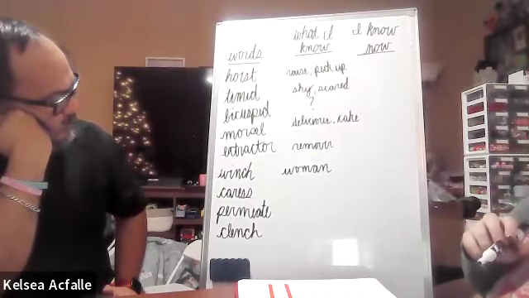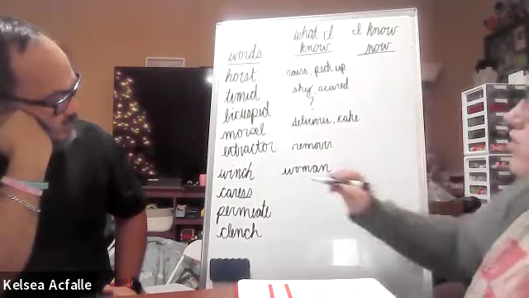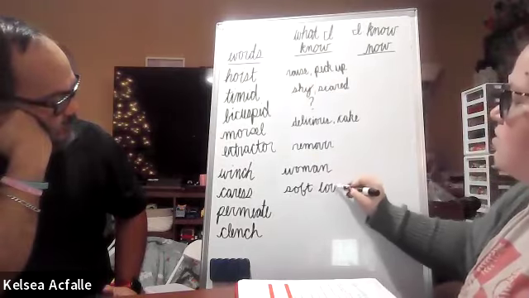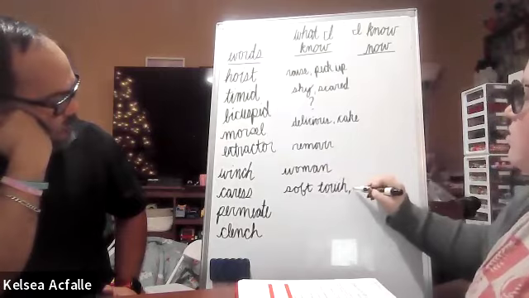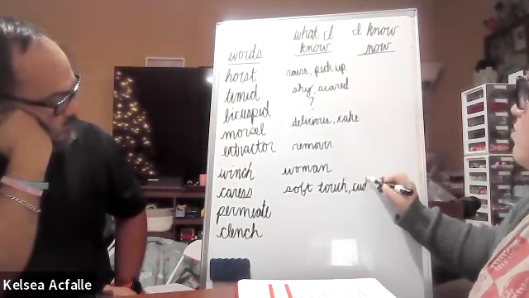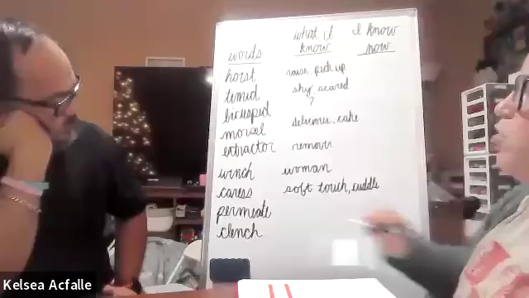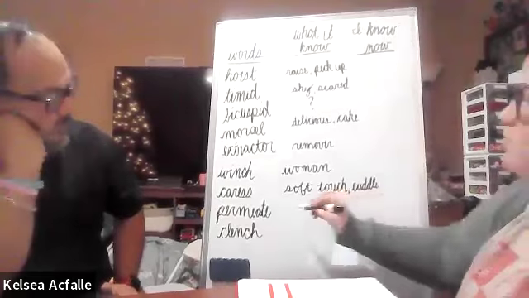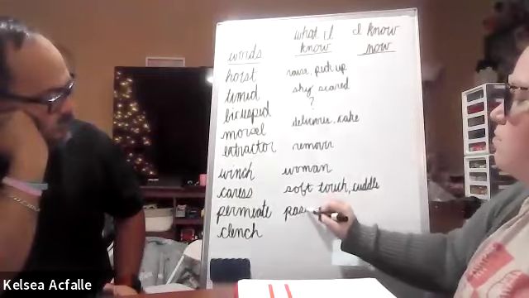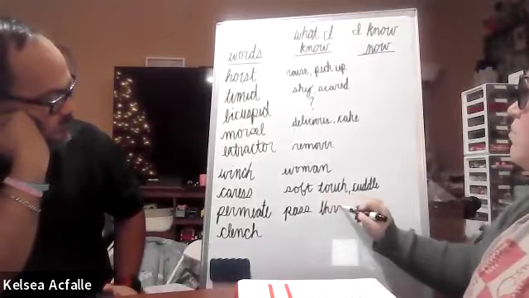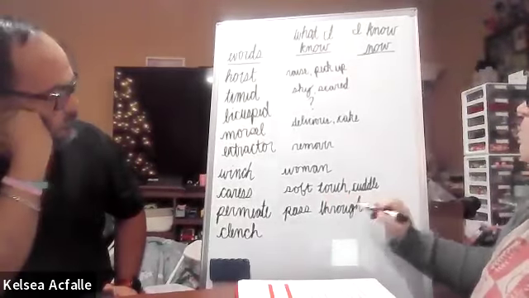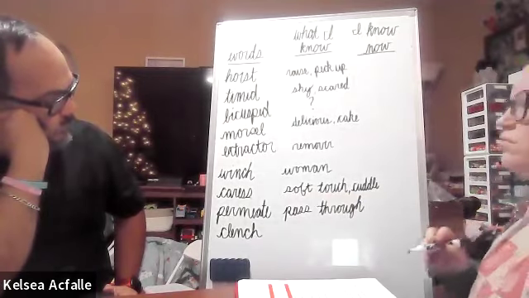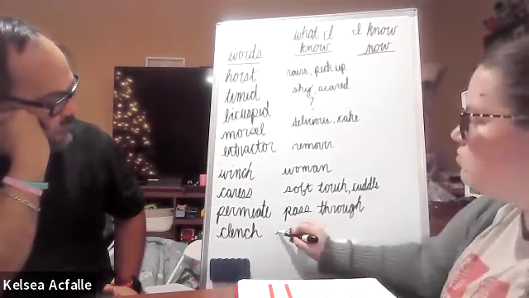Soft touch. Okay. Couple. Cuddle. Okay. Permeate. Pass through. And clench. Squeeze together.